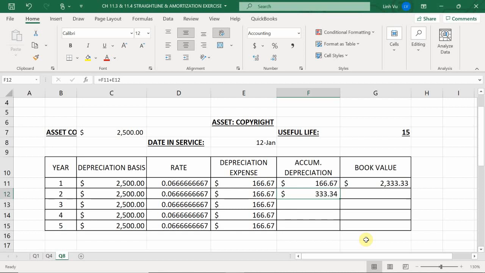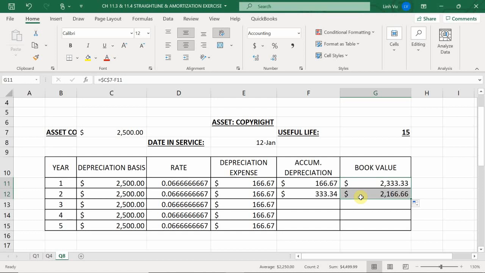Okay, all right, so 333.34. So therefore my book value is going to be 2,166.66. Okay?